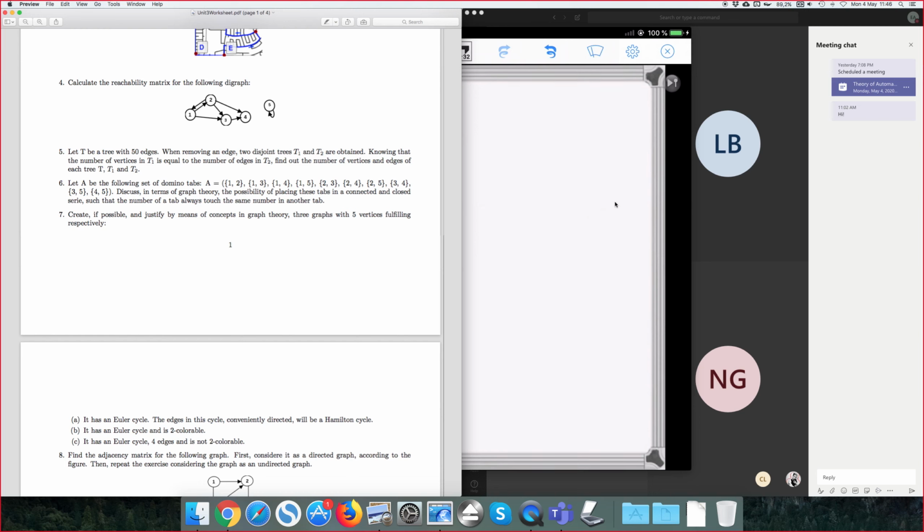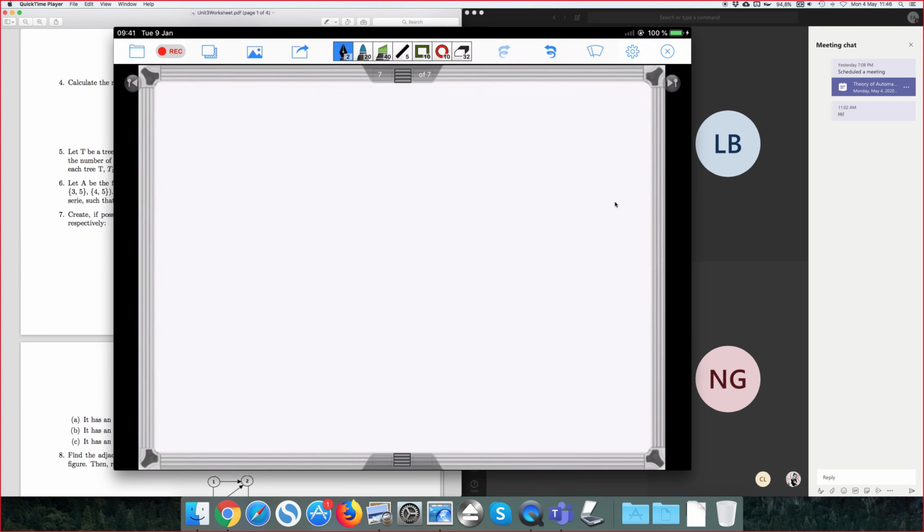Okay, so here in 5 we have a tree with 5 edges. And it's important to remember that in a tree, let me write it here, the number of vertices is equal to the number of edges plus 1.